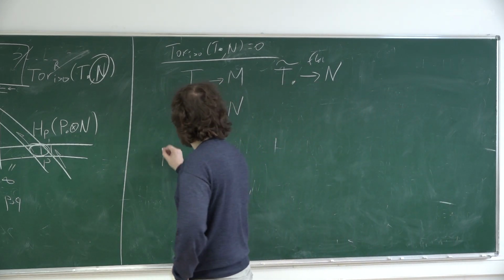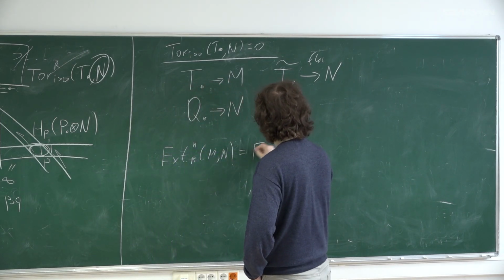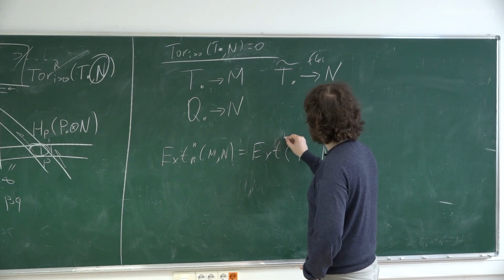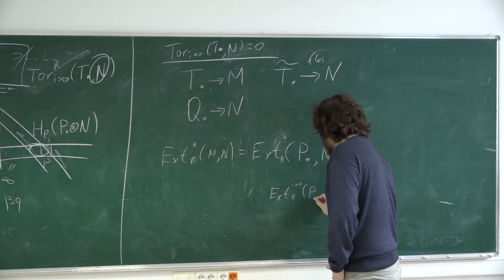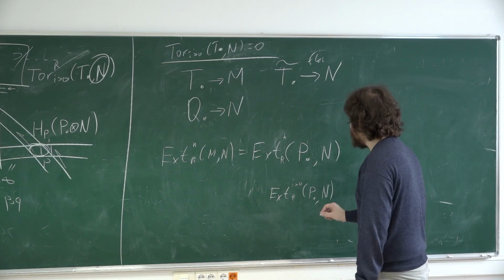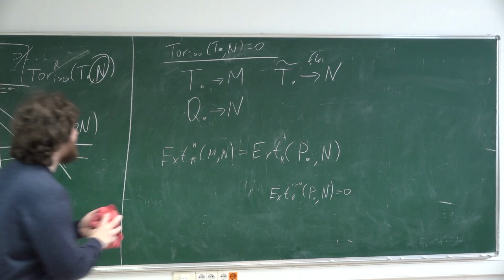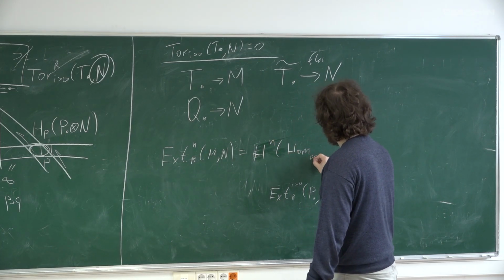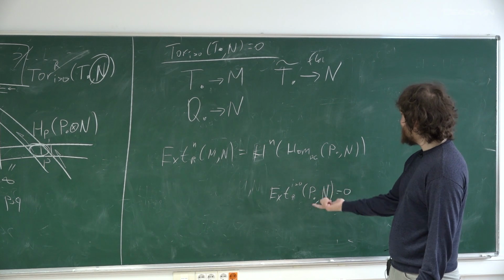For Ext you obtain that Ext of M and N can be calculated by such a resolution of M such that all non-trivial Ext of P and N are zero. Sorry, I wrote some nonsense just now. It's the cohomology of the cochain complex Hom from P to N. If you have no Ext here, then it's the same thing.